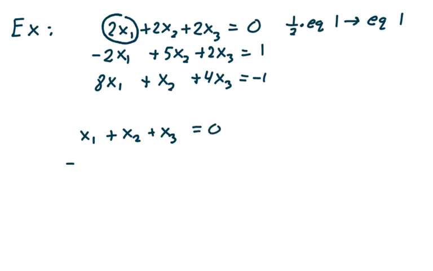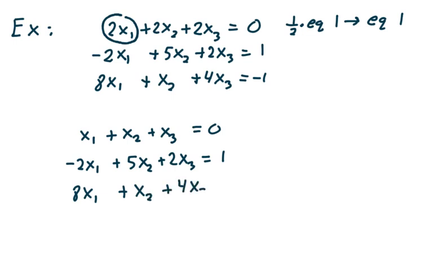I get negative 2x1 plus 5x2 plus 2x3 equals 1. And then I get 8x1 plus x2 plus 4x3 equals negative 1.